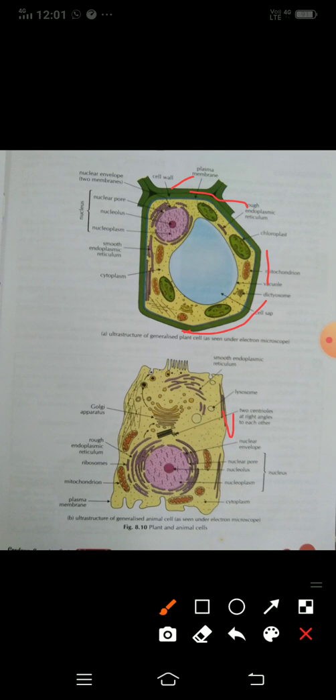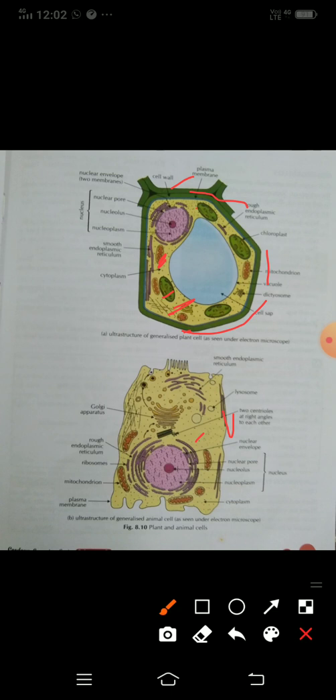Okay. Now after that, the yellow-like structure, jelly-like structure you all have seen here in the plant cell and animal cell both. This jelly-like structure is known as the cytoplasm. All the chemical reactions of the cell occur in the cytoplasm.